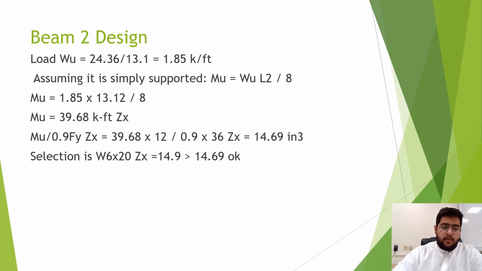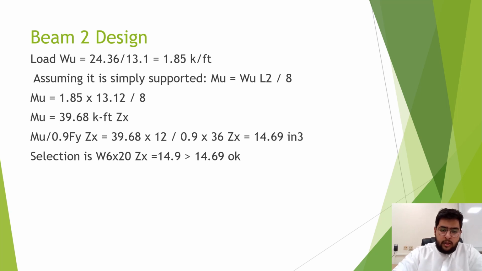In the beam 2 design, we calculate the ultimate load as 1.85 kips per foot. We also assume it is simply supported, and we use the formula W ultimate times L squared over 8. After we found the M ultimate, we need to find the ZX so we can select the section.